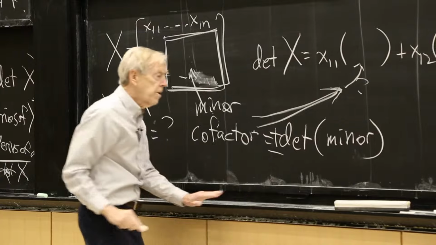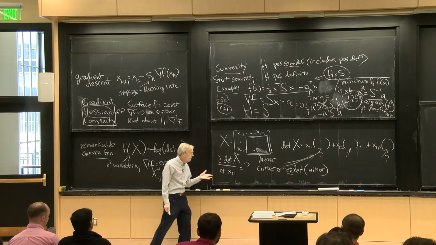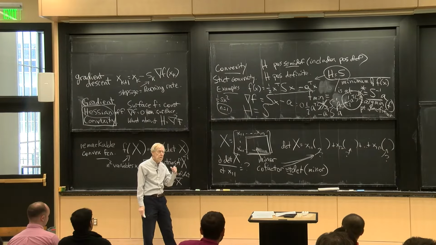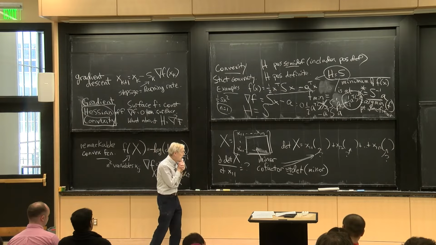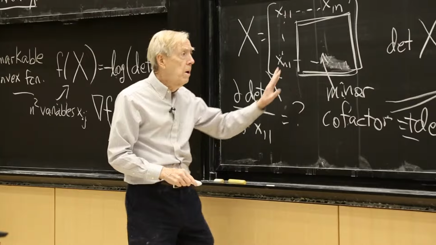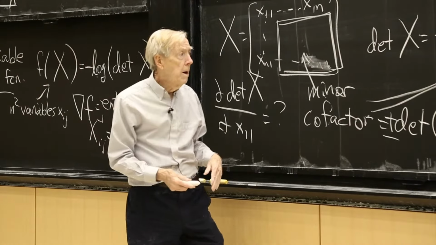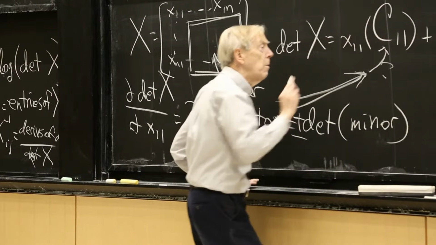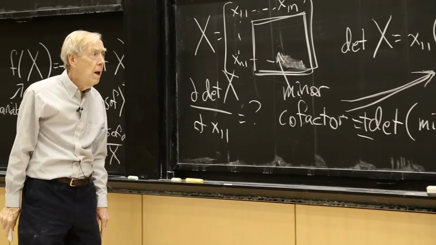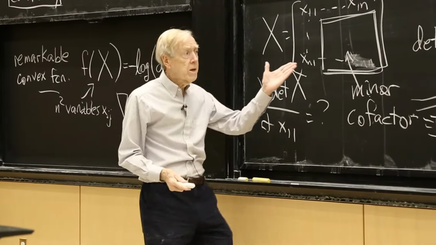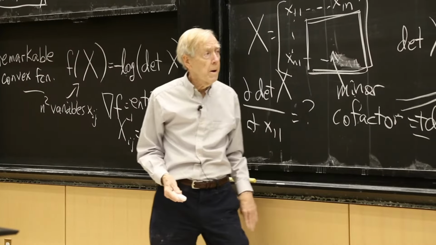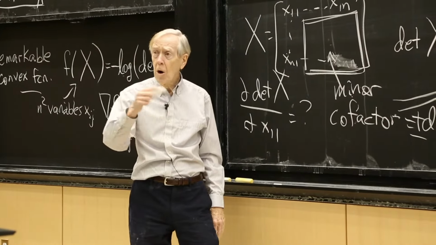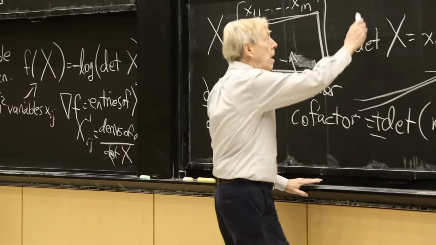Everything about determinants, there's a plus or minus choice to be made, and we're not going to worry about that. But anyway, it's the cofactor. Let me call it C11. And so that's the formula for the determinant. That's the cofactor expansion of a determinant.